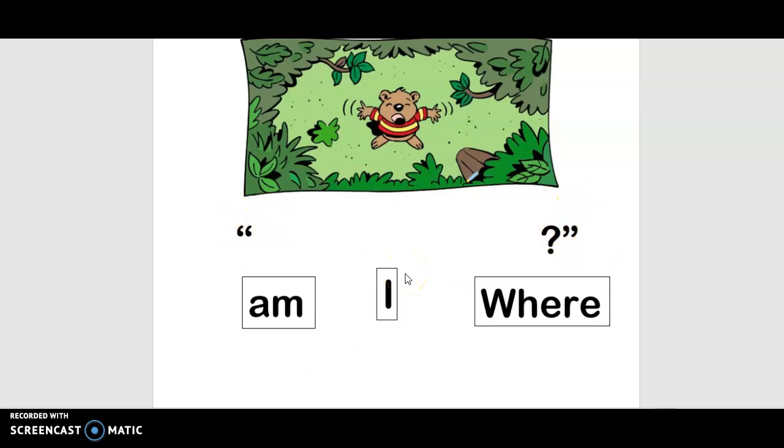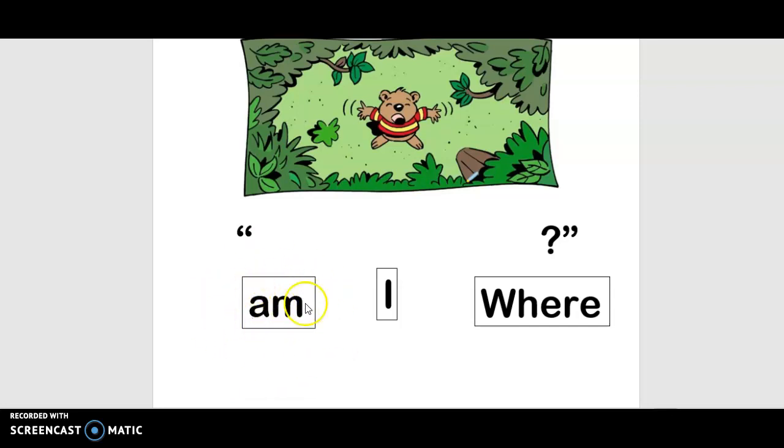But let's try to figure out what Little Brown Bear is saying here, what he's asking. I have the 3 words of the sentence here, but they're not in the right order, and I need your help to put them in the right order. So this right here in the middle is a sight word. We know this word. Do you know what that word is? That sight word is I. This word right here, am, maybe we could sound it out.